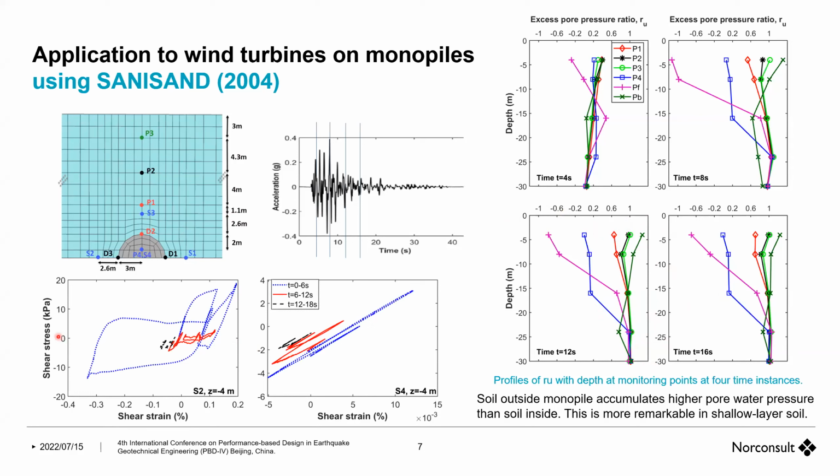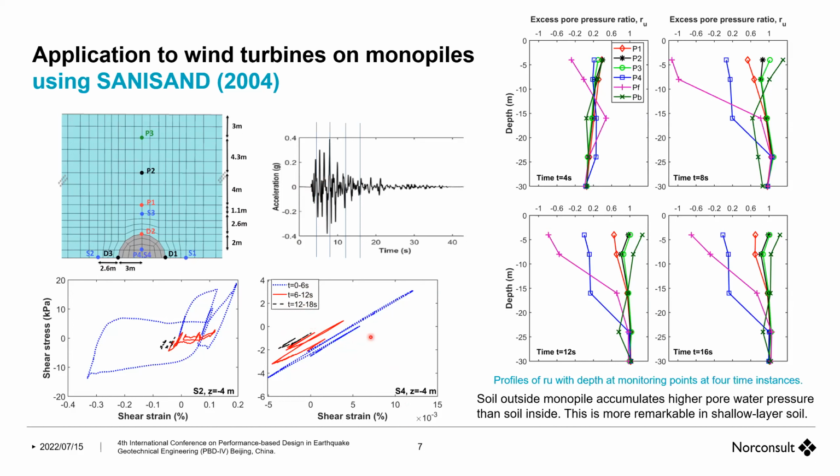Here are several cases of tau-gamma, shear stress versus shear strain, at 2 points. One is inside, S4, and one is outside, S2. The blue curve is for the first 6 seconds, red is 6 to 12 seconds, and the dashed curve is the last part, when liquefaction is pretty much happening.